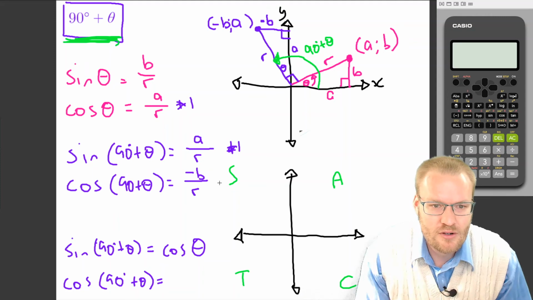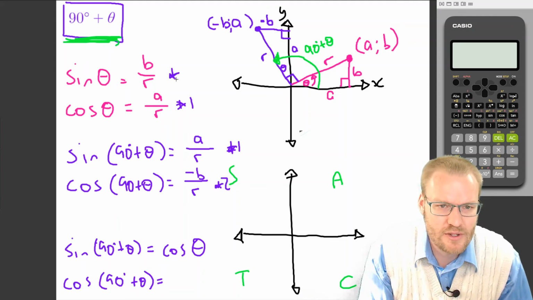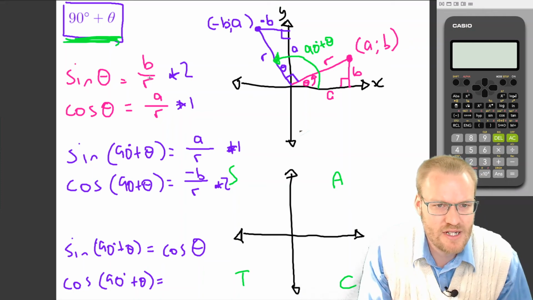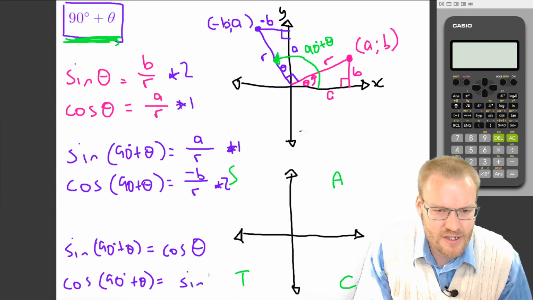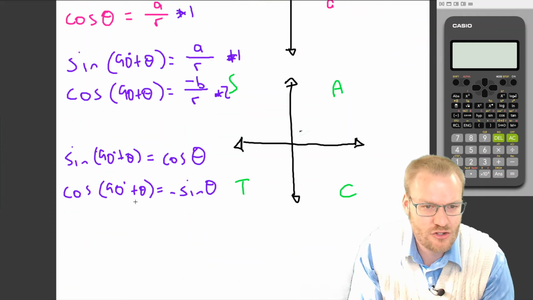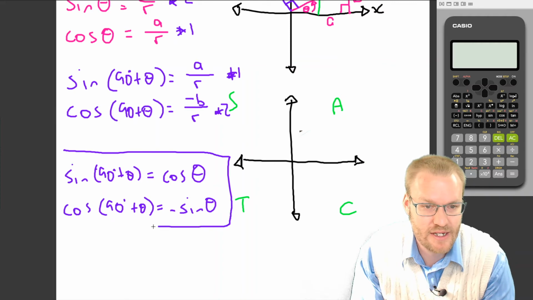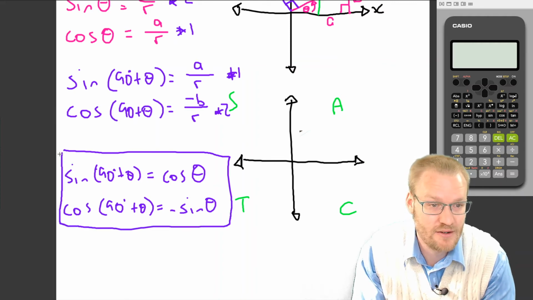So therefore, it looks very similar to this one up here, except it's just negative. So cos of 90 plus theta is exactly the same as sine of theta. Only difference is that it's negative. So there are two reduction formulae for 90 plus theta.